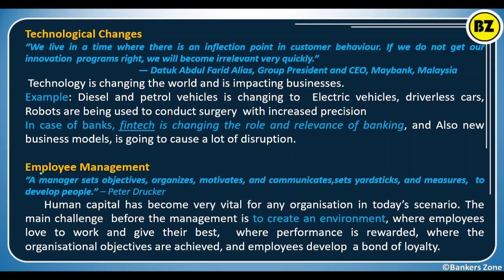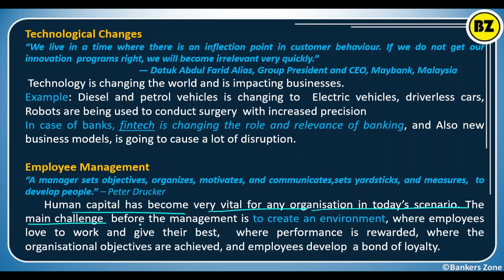Now see employee management. A manager sets objectives, organizes, motivates, and communicates, sets yardsticks and measures to develop the people, according to Peter Drucker. Now, human capital has become very vital for any organization in today's scenario.